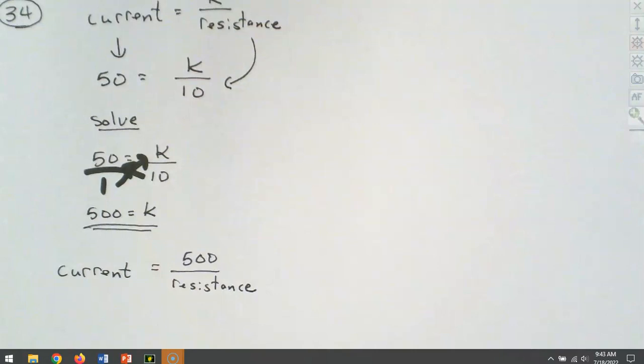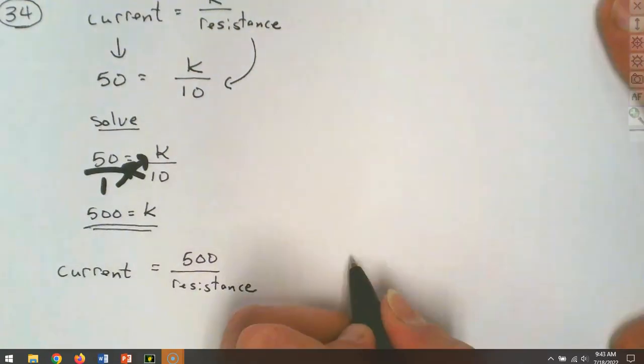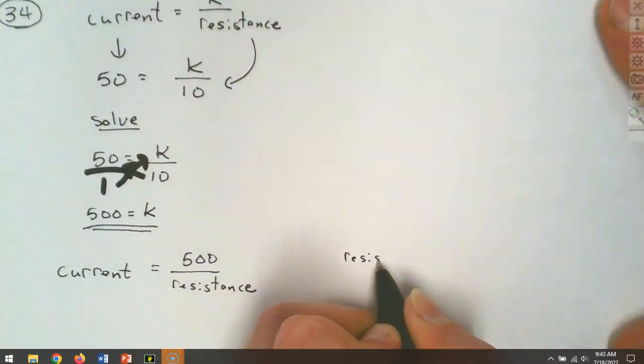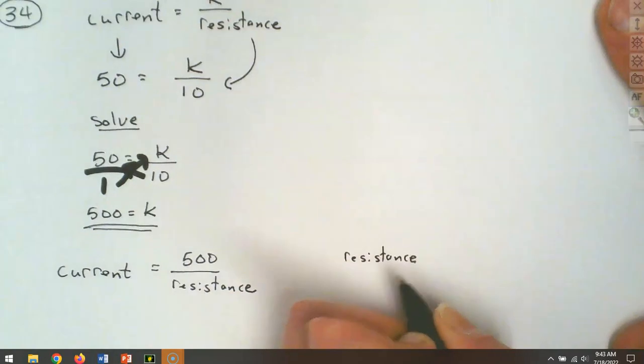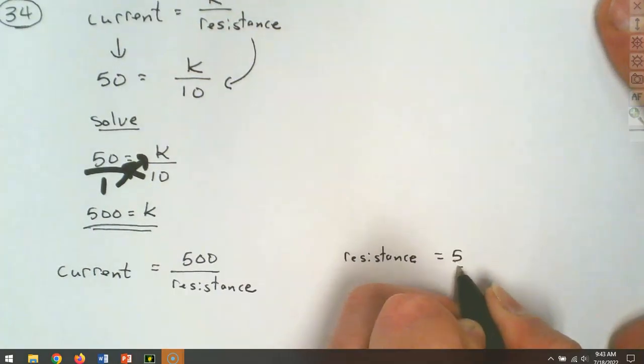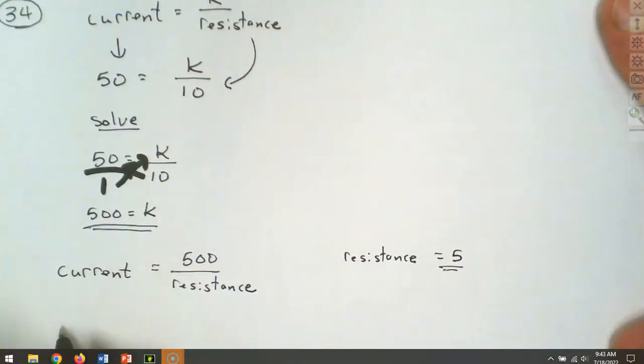Plug in our value, and it says find the current if the resistance is 5 ohms. So the resistance now is going to be 5 ohms, so we plug it in.